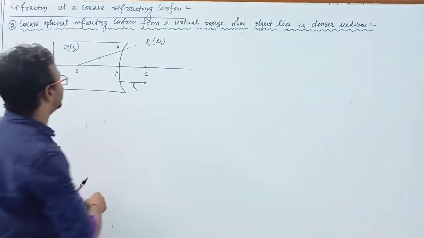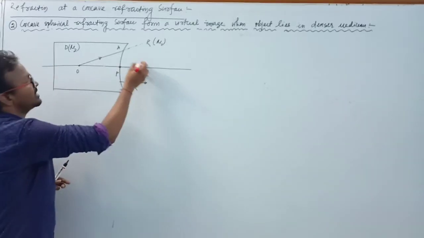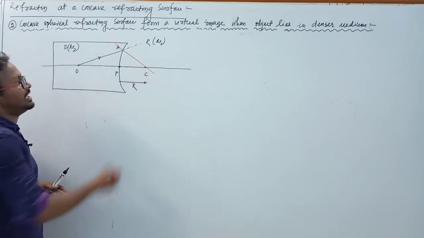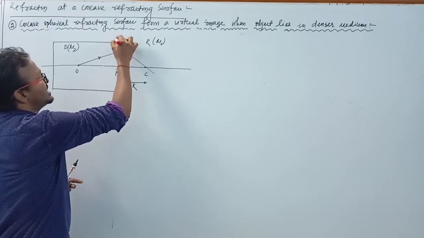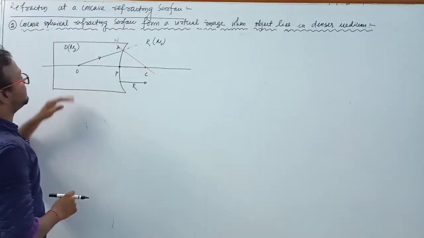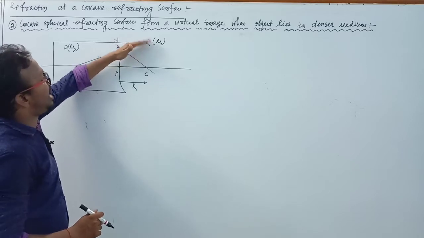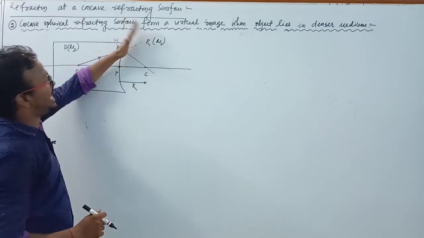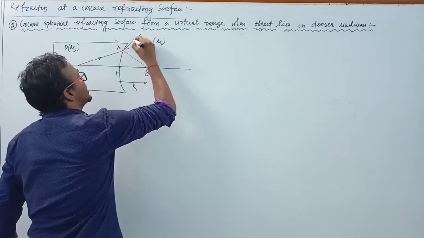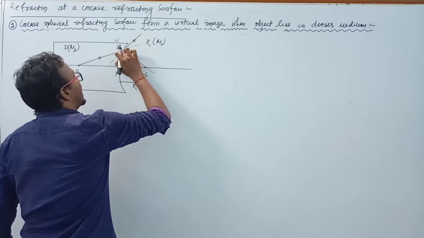Now we have to draw a tangent and a normal, and that normal passes through the center of curvature, that is C. This is the normal, and here this point is M. When light travels from denser to rarer medium, it changes its direction and bends away from the normal, not towards the normal. So this refracted ray travels in this direction and appears to meet on the principal axis at point I.